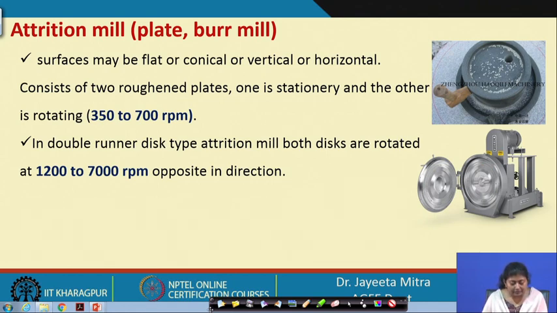In the double runner disc type attrition mill, both discs are rotated. So, the second option is also available. Initially we mentioned that one may be stationary and one rotating, as the picture here depicts, but there are also double runner discs where both discs are rotated at 1200 to 7000 rpm in opposite directions.